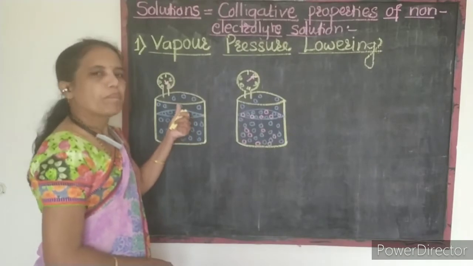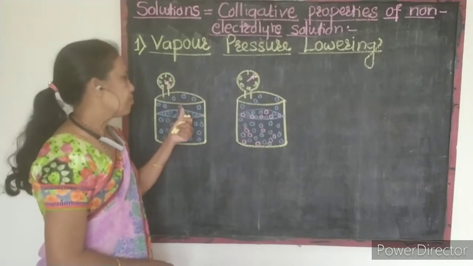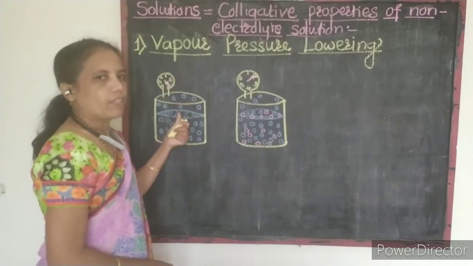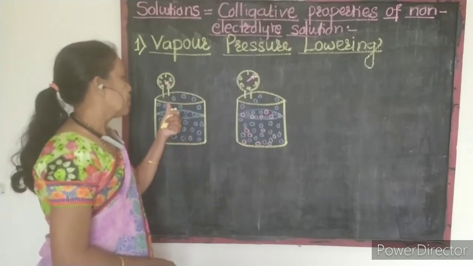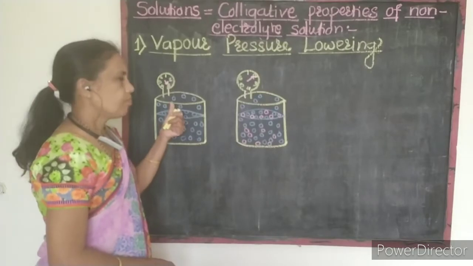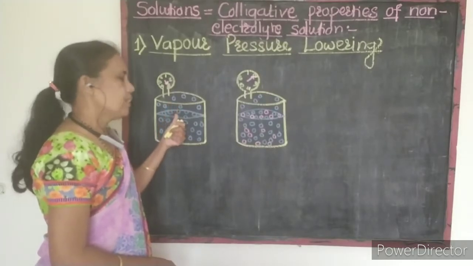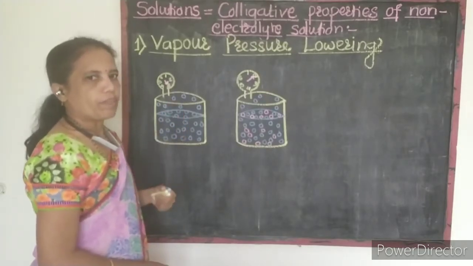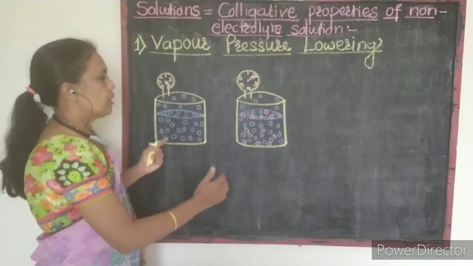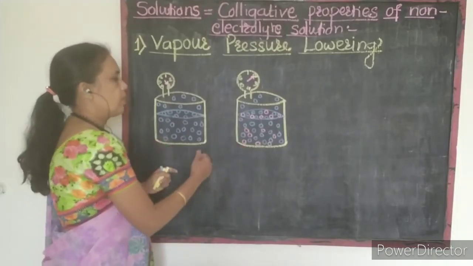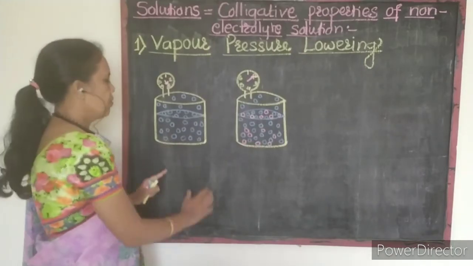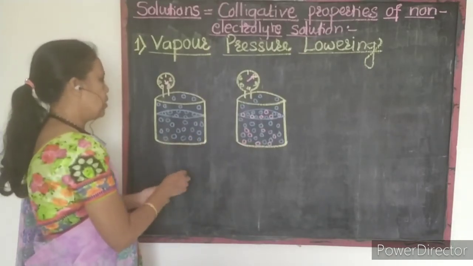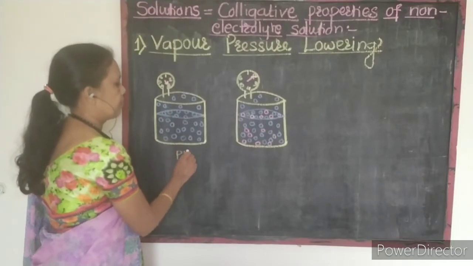The vapor pressure is applied on the surface. The pressure applied on the liquid surface due to vapor is known as vapor pressure. Now we consider one experiment where we take two closed containers. In the first container there is only pure solvent.